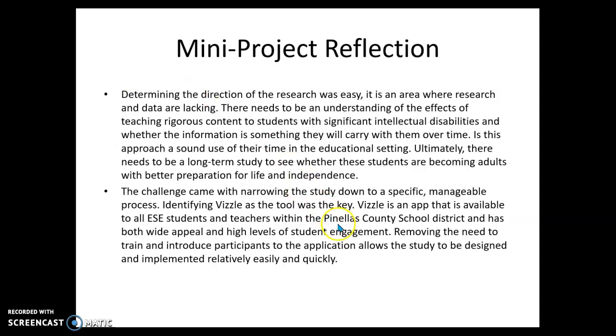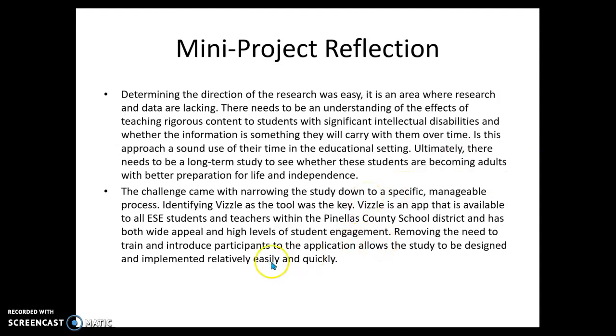The challenge that came with this was narrowing it down to a specific, manageable process. And that's part of the reason why I went with something that I knew and I could envision setting it up and running it within my school and with the resources available to me.